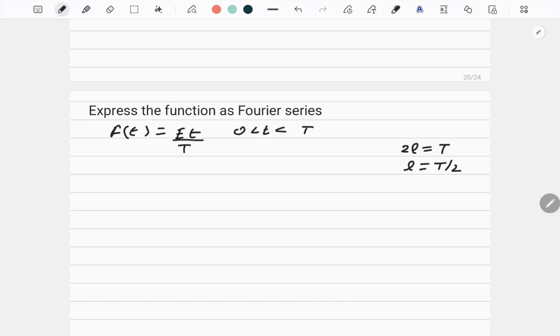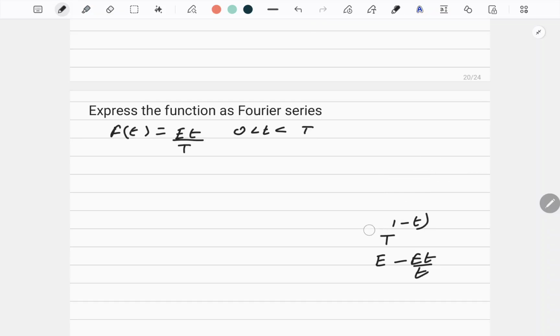Now if in place of x, x meaning here t, I put 2L minus x, so 2T by 2 minus t, and substitute that, what I am getting is e, and in place of t I am putting T minus t upon capital T. So it became e to the power (T minus t) by T, but it is not at all related to the given function.